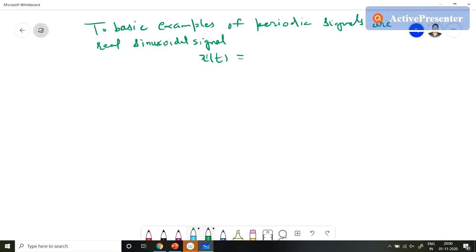So let us first write that x(t) is equal to cos(omega naught t plus phi). So this is an example of a periodic signal.